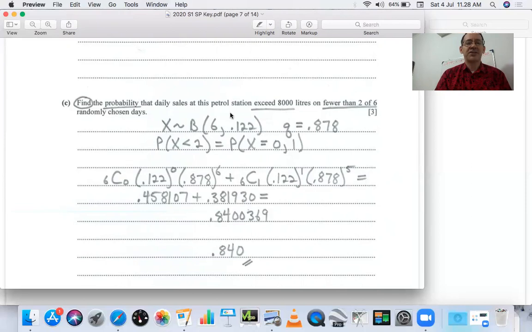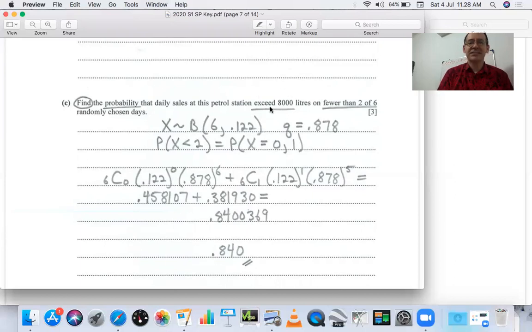So 6 is our n, so we write our notation, our random variable, which is now daily sales, not liters, distributed binomially because this is discrete data, has the parameters of 6, that's our fixed number of trials, and 0.122. Now, where did we get that from?